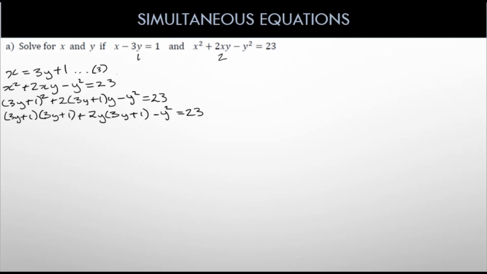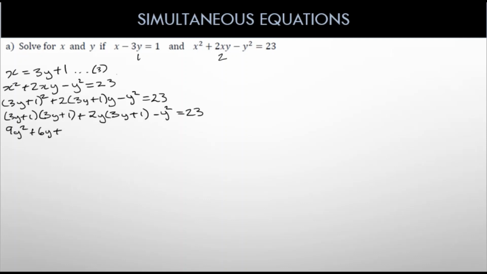And then now FOIL method, this is going to be 9y squared, and then if I multiply my outer terms, I'll have 3y, inner term 3y, so it's plus 6y and then plus 1.